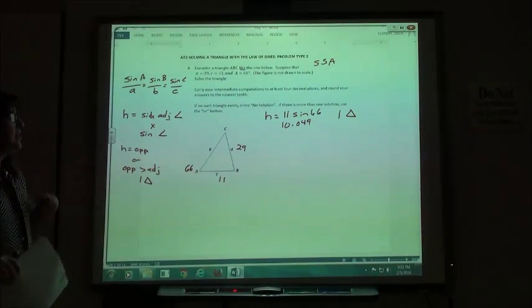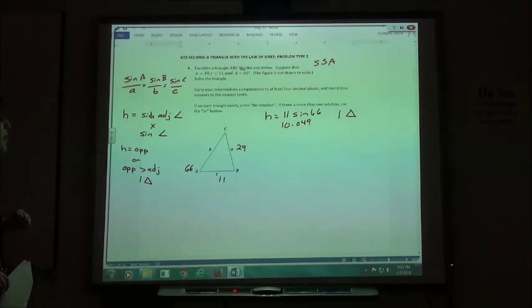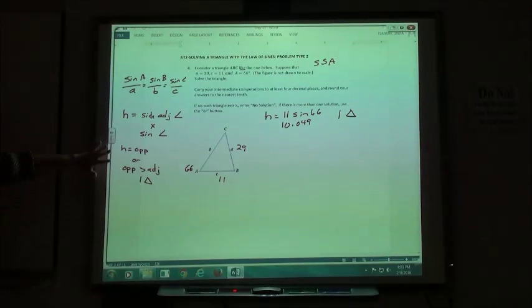Now, that one fit the first situation. We were good, but I'm going to finish my notes here about how many triangles I have. So, one triangle if H equals the opposite side, or if the opposite side is greater than my adjacent side, which in this case it was.